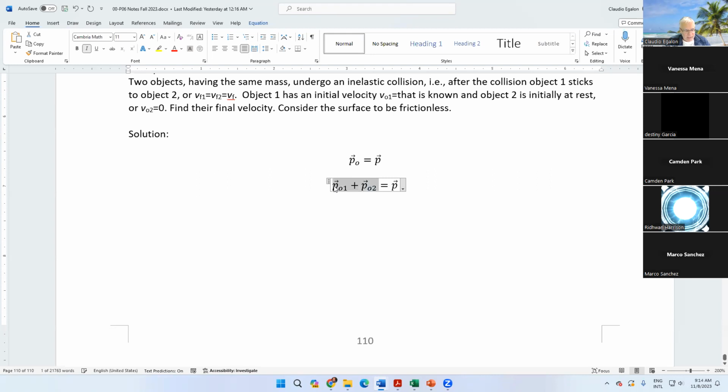Similarly, for the P final, we must have the same summation with a different subscript. Because object number two is at rest, this term is going to be zero.